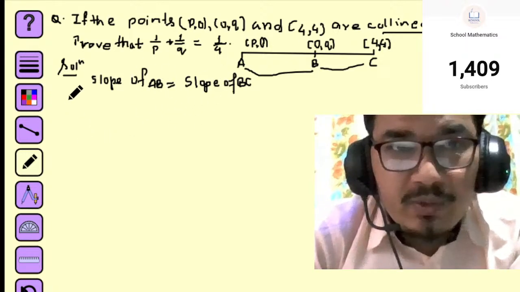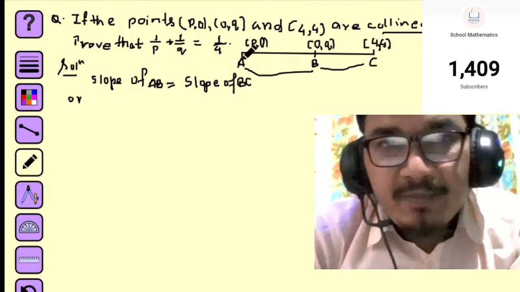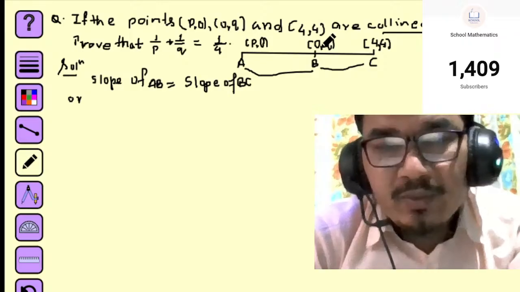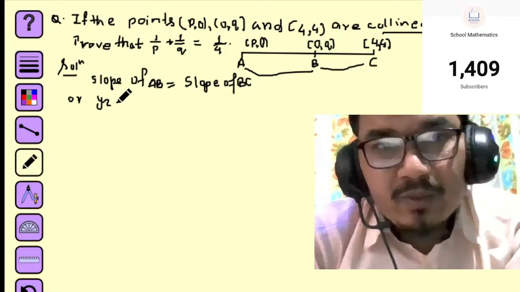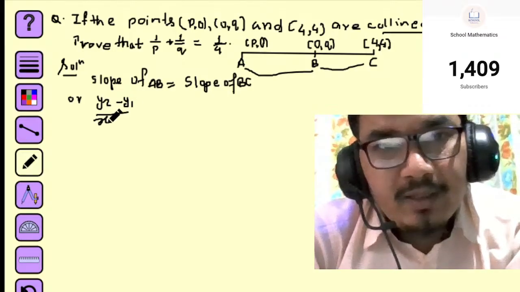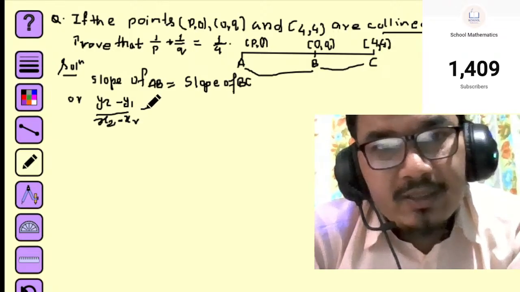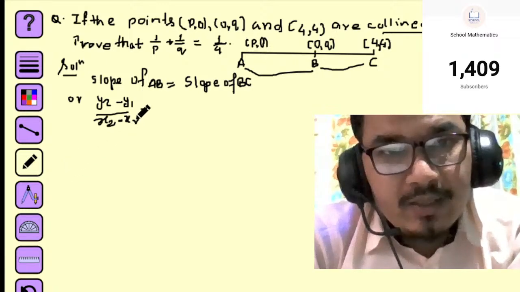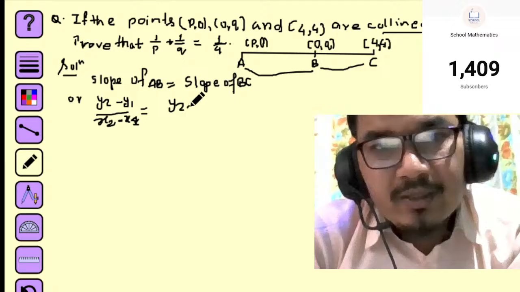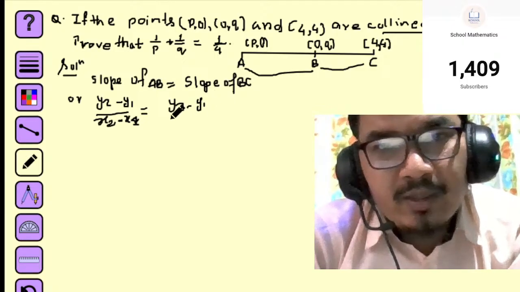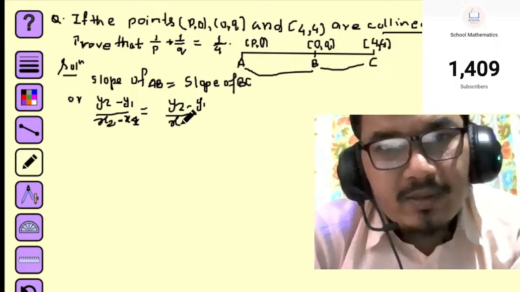Now, as we know, if this is x1, y1, and the second point we are taking x2, y2, the slope formula is y2 minus y1 by x2 minus x1. And on the other side, equals, here also we have the formula of slope, y2 minus y1 by x2 minus x1.